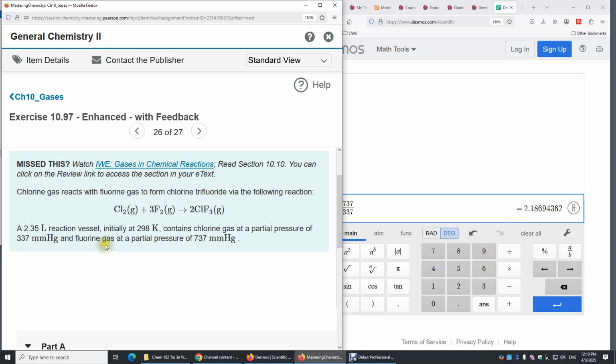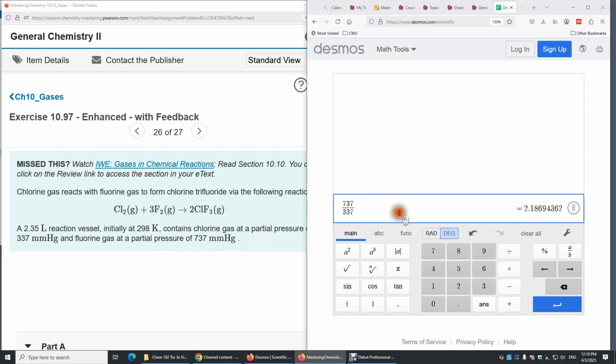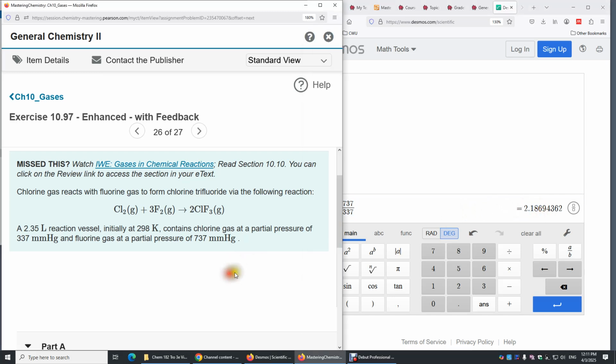The number of moles of fluorine is also proportional to the fluorine's partial pressure here. So this ratio is not only the ratio of partial pressures, it's also the ratio of the numbers of moles. And it's less than 1 to 3, that means F2 is the limiting reactant.